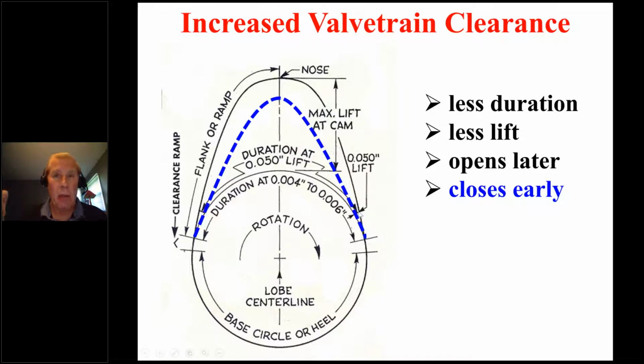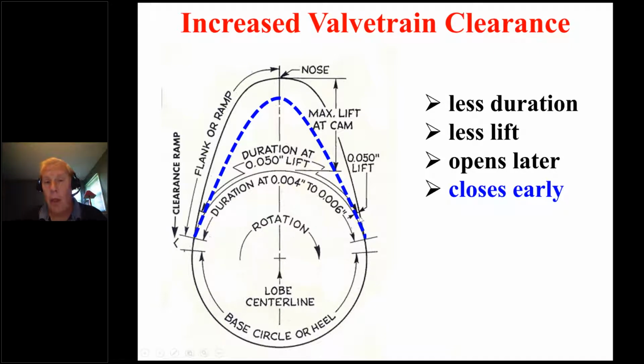I'm not worrying about clearances in the valve train. So this is when the valve would start to open. We would have peak lift, and then we would control the close. Blue represents wear and tear. So blue is my worn lobe. And lobes don't wear this evenly, of course, but to make my point and to help you understand.